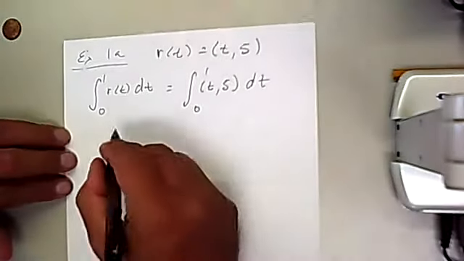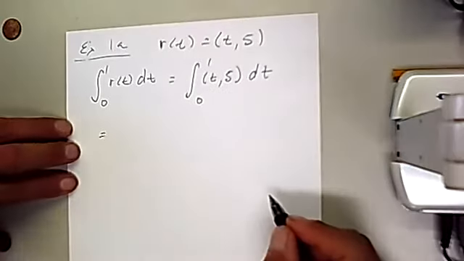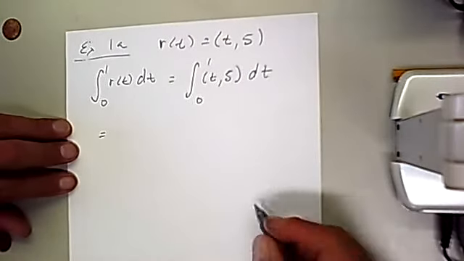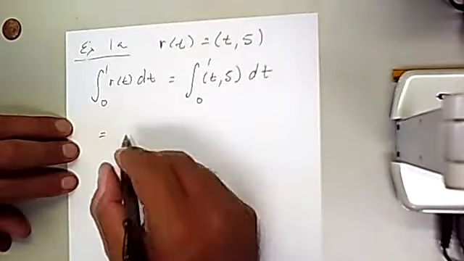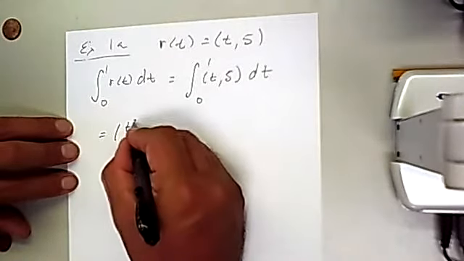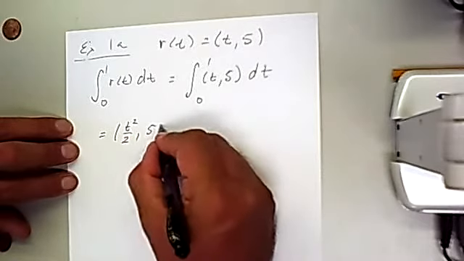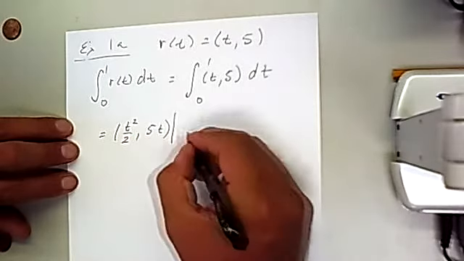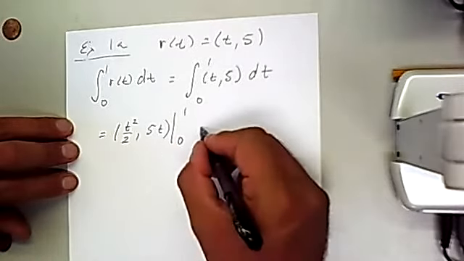Let's do this operationally. So what you have to do is what you did in Calc 1 or Calc 2. What is the integral of t? Well, the antiderivative of t, using the fundamental theorem of calculus, is t squared over 2, and 5t is the antiderivative of 5. And we're going to do that from 0 to 1.